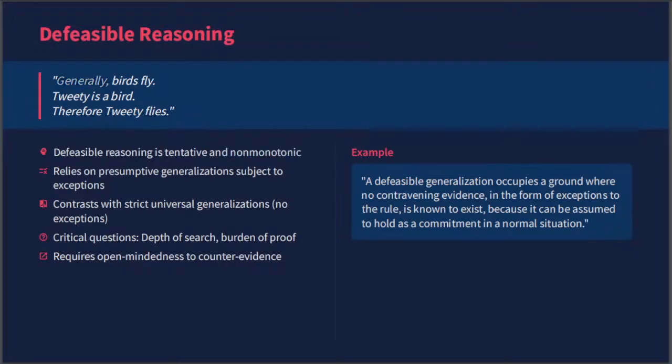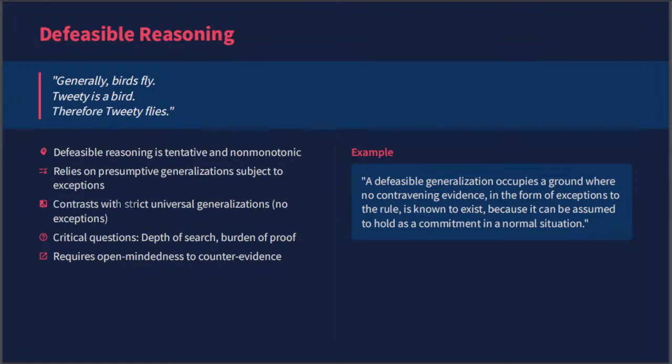I'm not very fond of these generalities, the mostlies and the typicallys, because those types of generalizations rely on presumptions. The presumptive generalizations are subject to exceptions, and they're not addressing these exceptions in the therefore.